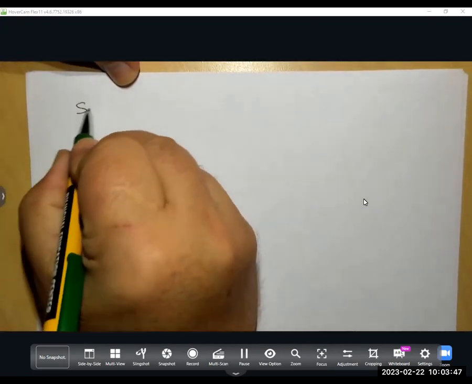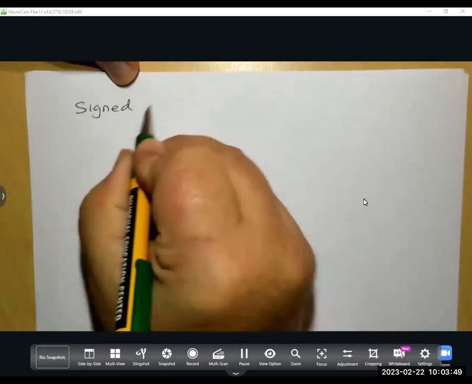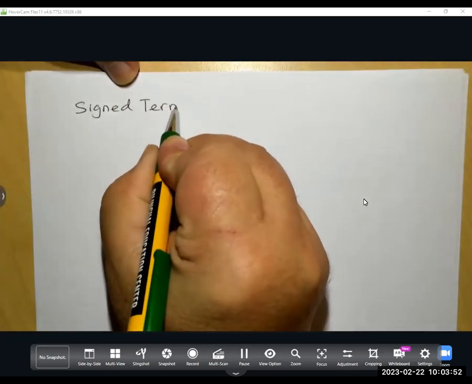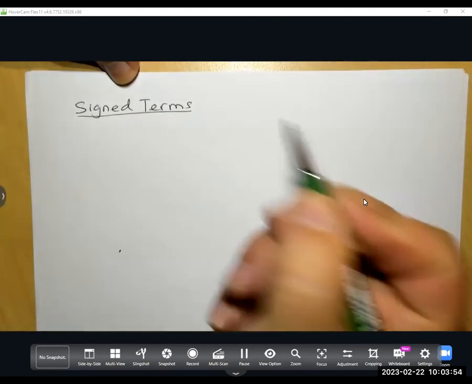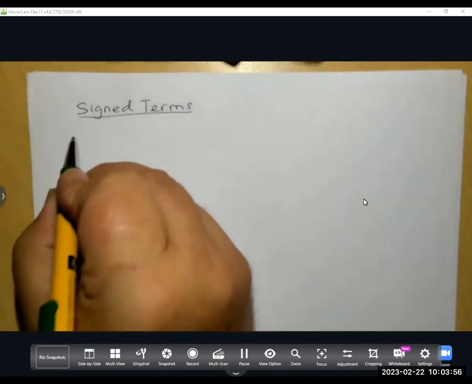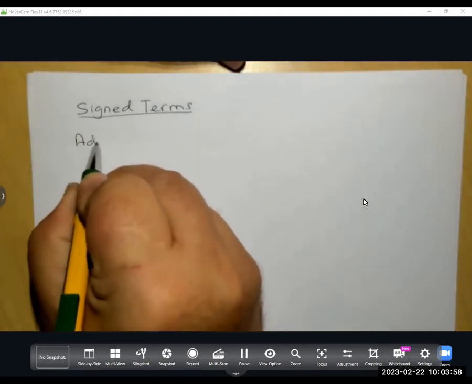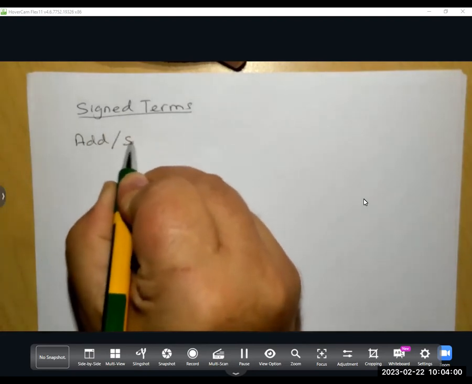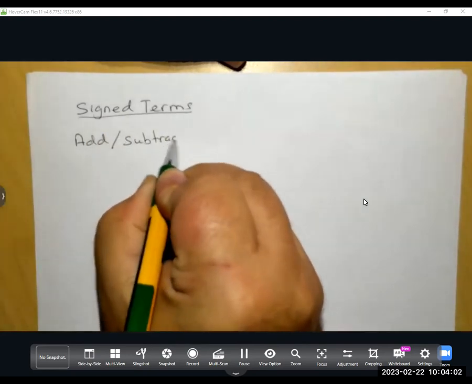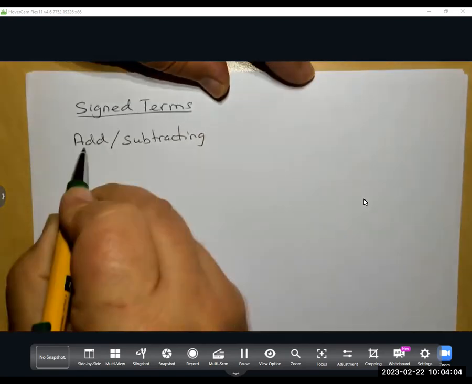Okay, let's look at adding or subtracting.